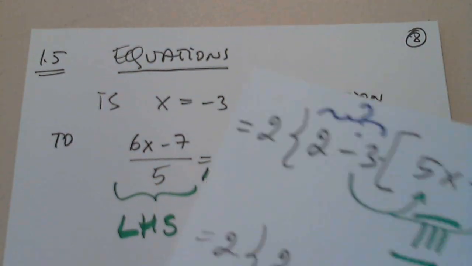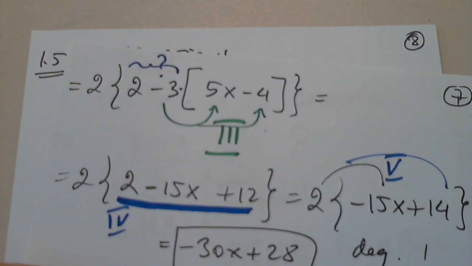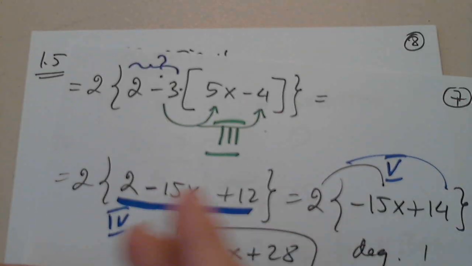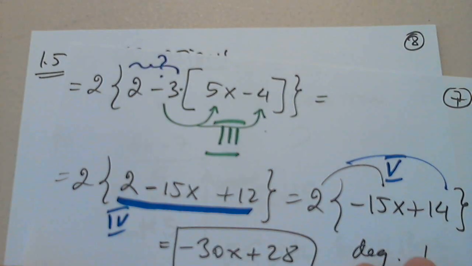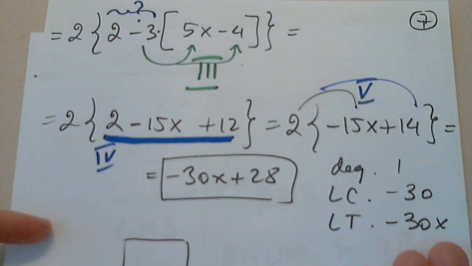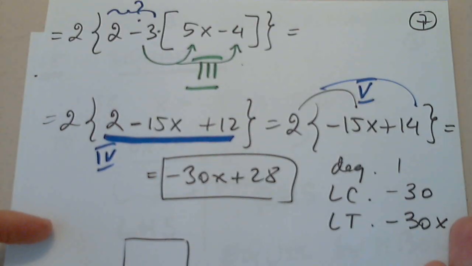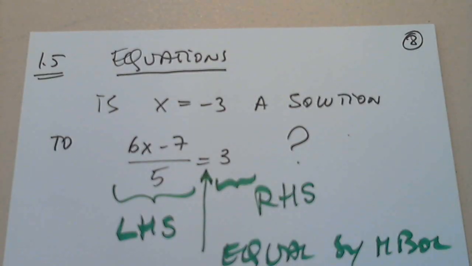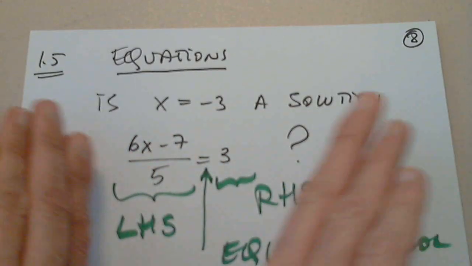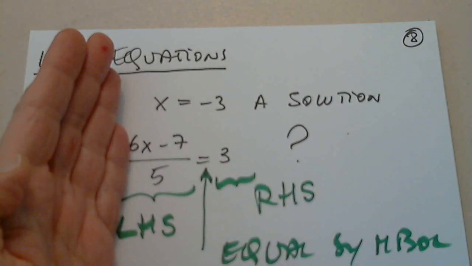So here, I was able to write equals and equals and equals and equals, because this is not an equation. I started with a complicated expression and I brought it down to a very simple one of degree 1 with leading term and leading coefficient. So I can use any number of equal symbols. Not here. When we get to solve these, we can never write two sides. We only write one below the other, one below the other.